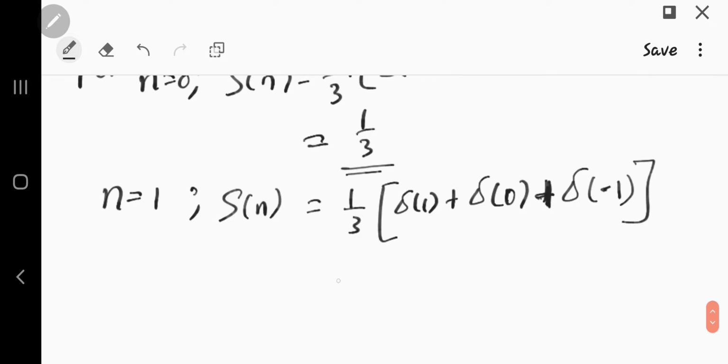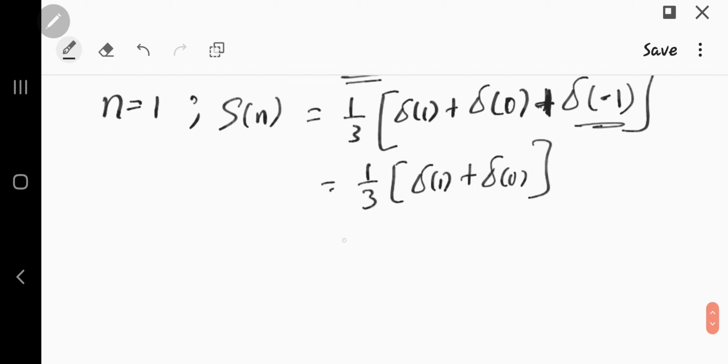Now for this third term, no signal exists here, so you will remain with 1 by 3 into delta 1 plus delta 0. So that means it is 1 by 3 plus 1 by 3, which will give you 2 by 3.